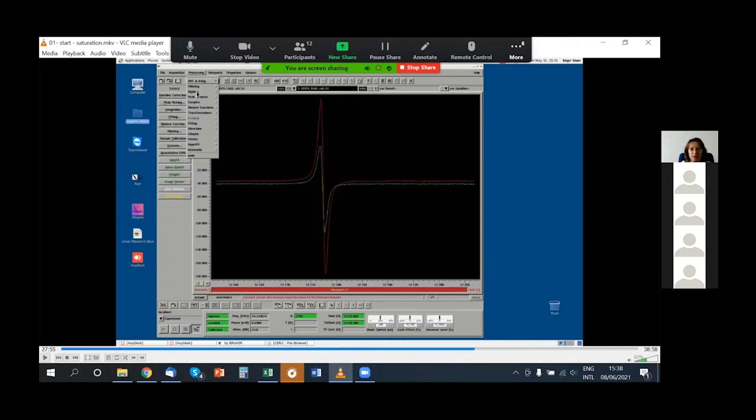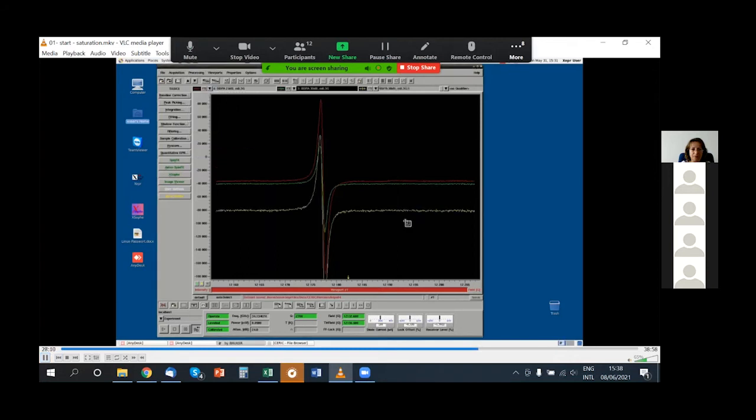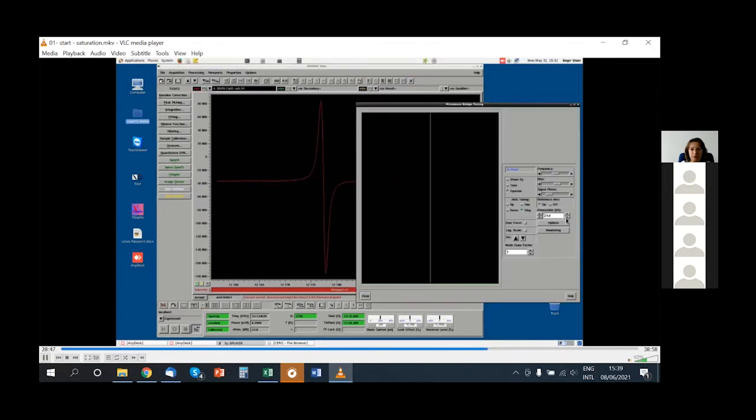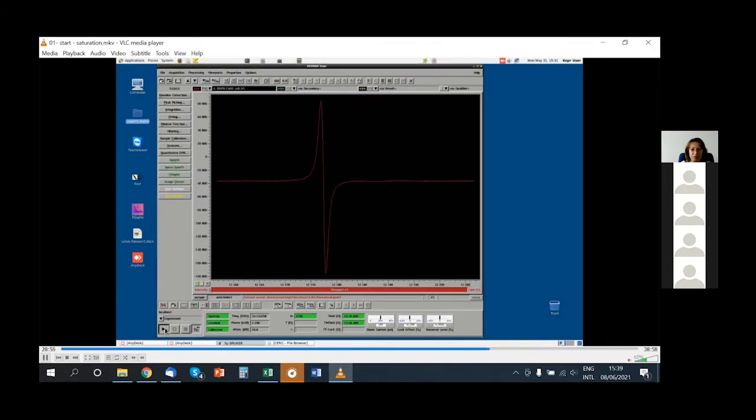We compare the amplitude of the two lines. So I have doubled the first line, and I'm checking if it's similar to the second one. And I'm continuing increasing the power.